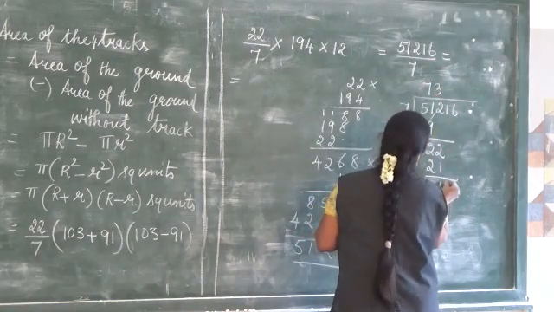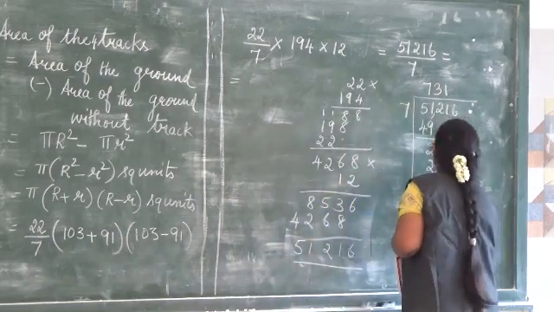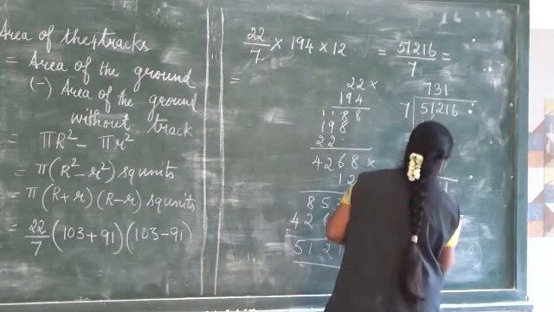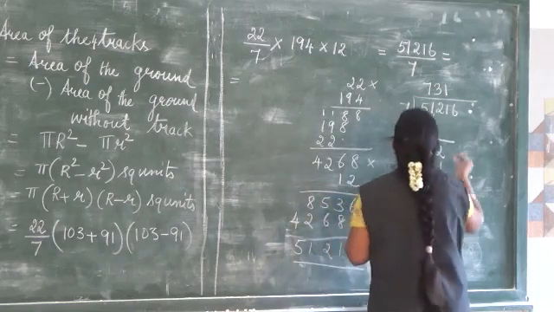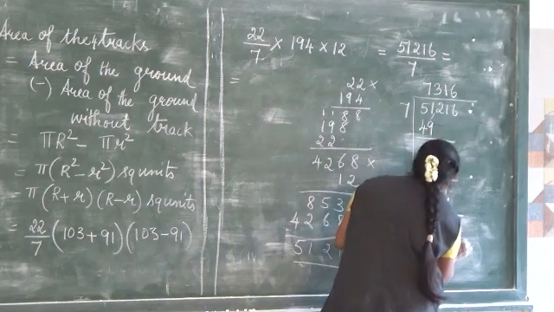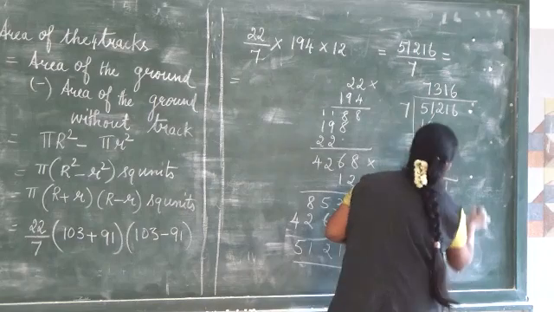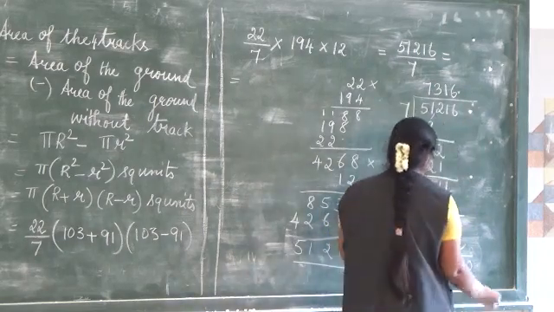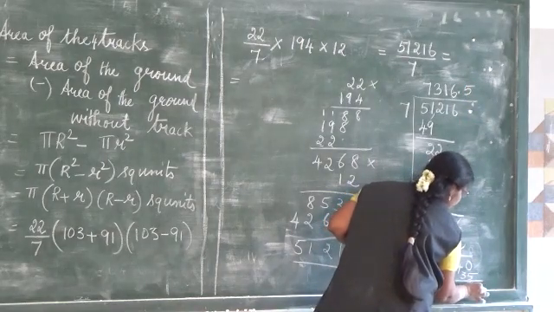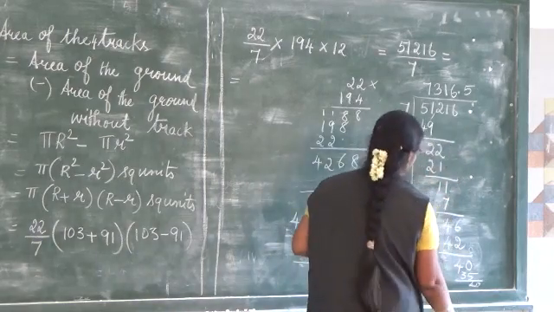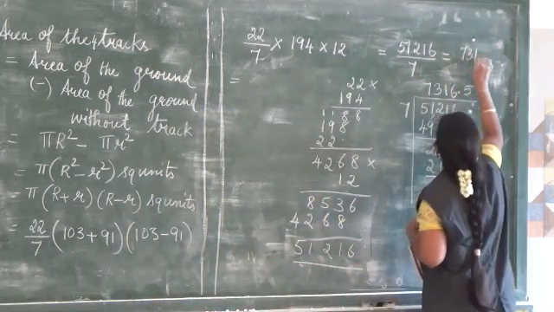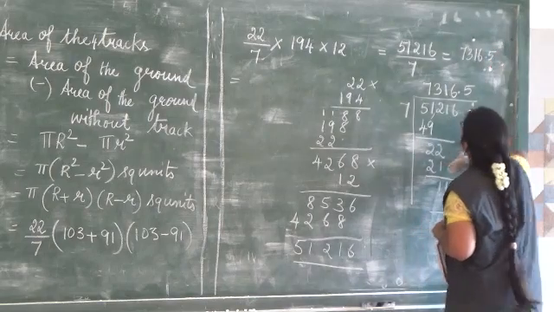So 1, you bring the 1 again, 1 sevens are 7, 11 minus 7, 4, 46, 6 sevens are 42, then 4, keep the point, 0, 5 sevens are 35, then again 4, 40, so 7,316.5.